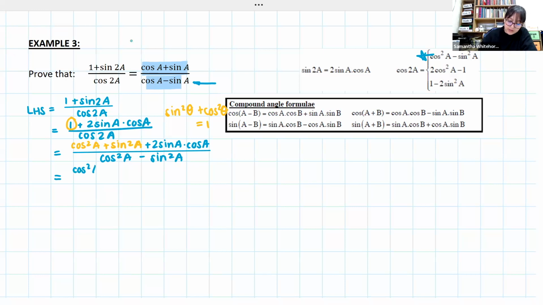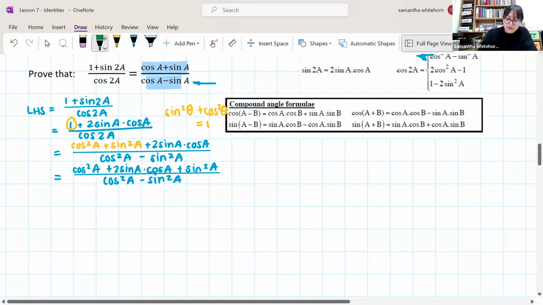So we've got cos squared a plus 2 sine a cos a. I'm just rearranging my terms to look like a trinomial, plus sine squared a, all over my denominator, which we'll deal with in a second. If you can't see the trinomial, feel free to use x's and y's.